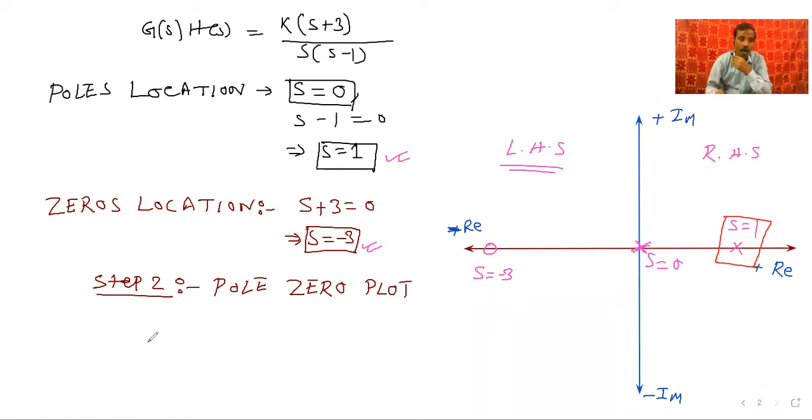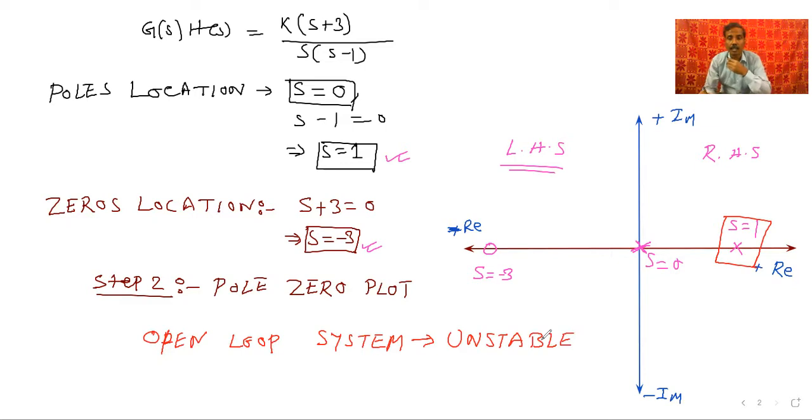That's why the open loop system is unstable. The open loop system is unstable because one pole is on the right hand side of the S plane. So this is step number 2, pole zero location.